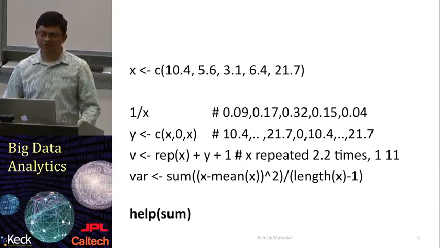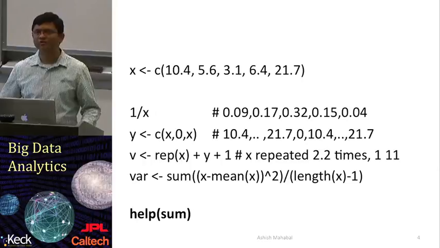So what it's going to do is try to repeat x as many times as necessary so that its length equals the longest of the 3 arguments on the right-hand side. In this case, y is 11, so it will repeat x 2.2 times, and then it will repeat 1 11 times. And so you now have 3 sets of 11 values, and those would be added as the first one with the first one and so on, and you'll get a vector v, which will again have 11 values.